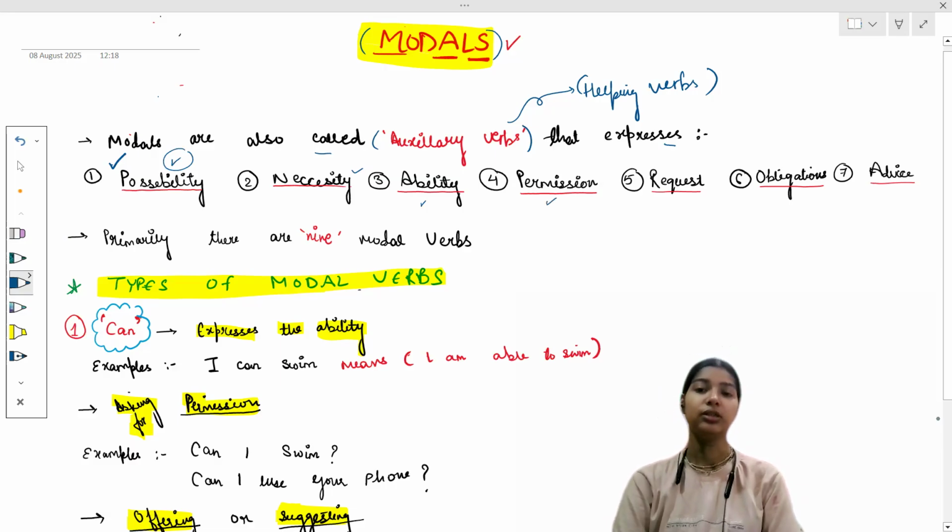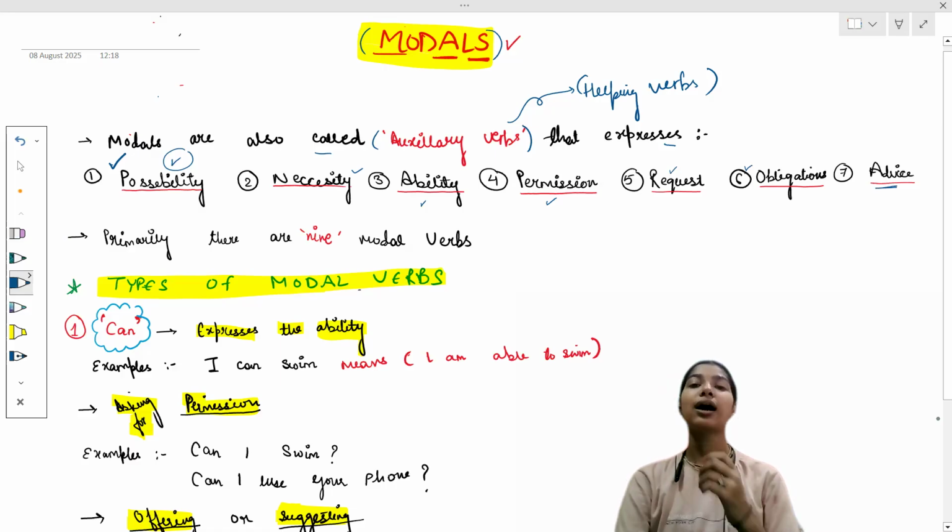Next is permission, if I am permitting someone to do this or not, or asking permission. Then the request, somebody is making a request to me, or I am making a request to somebody. Then obligation and advice.